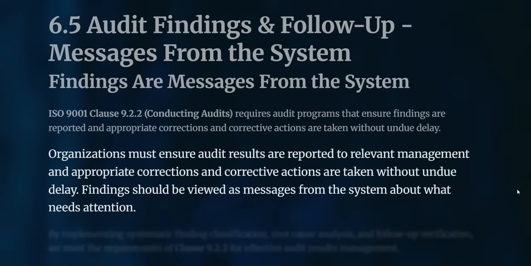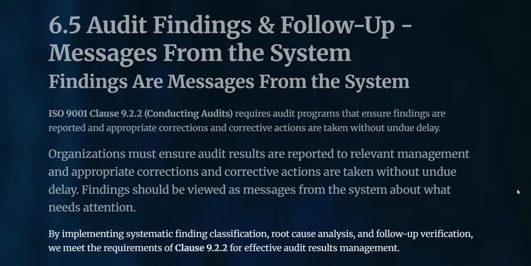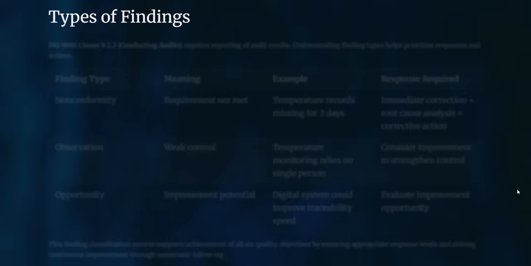Findings should be viewed as messages from the system about what needs attention. By implementing systematic finding classifications, root cause analysis, and follow-up verifications, we meet the requirement of Clause 9.2.2 for effective audit results management.